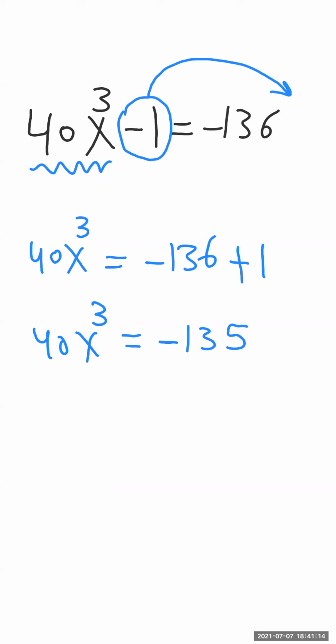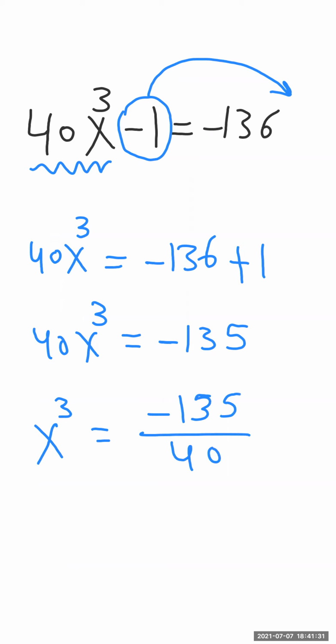-135. Now divide the two sides of the equation by 40 to get x to the power 3. So x to the power 3 will equal -135 over 40. If I want to get the cubic root for these numbers, actually 40 doesn't have a cubic root and also 135. So I can simplify it first.